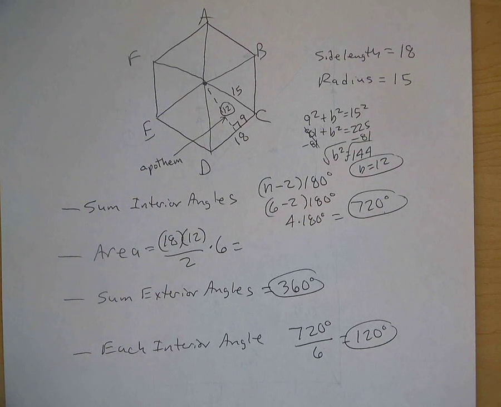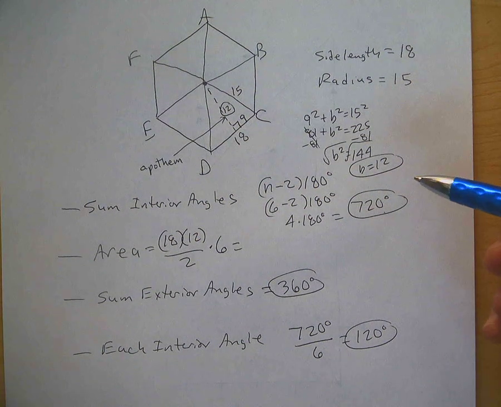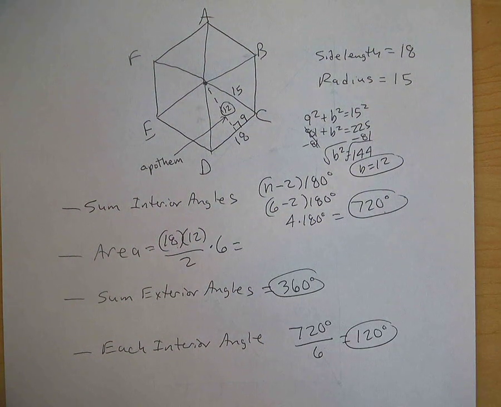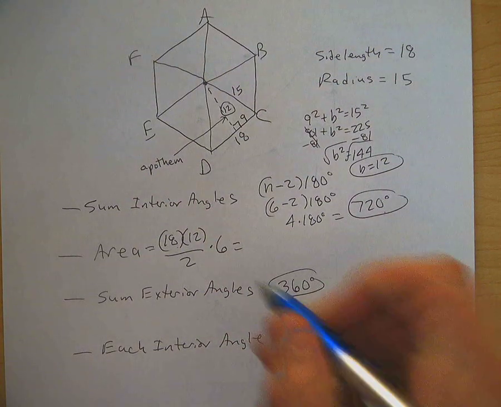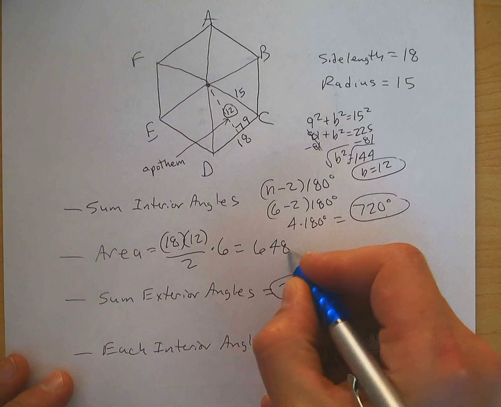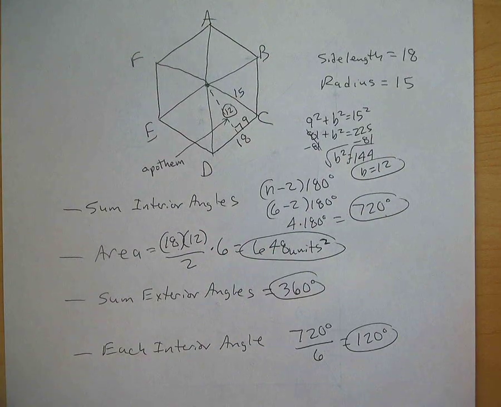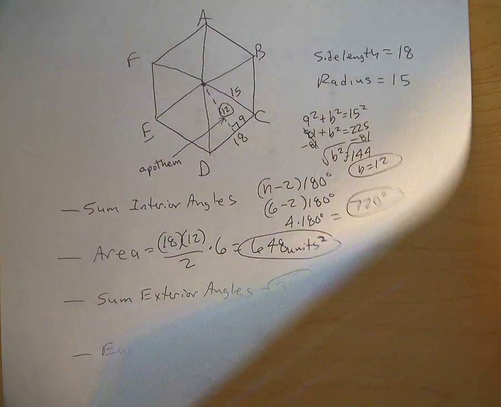I'm going to take 18 times 12 divided by 2, multiplied by 6, and I get 648 square units. Okay, that's the area of this regular hexagon. All right, next, going on.